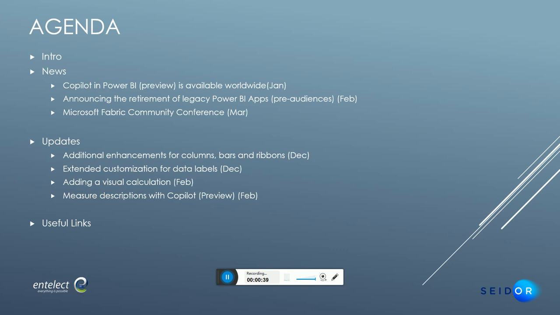Then looking at the update section, we'll be looking at the additional enhancements for columns, bar, and ribbons. We'll also then look at extended customization for data labels. Then moving on to adding a visual calculation. And then lastly, we'll be looking at measure descriptions within Copilot, which is in preview. And then lastly, we'll just look at some useful links for where you can find this information.